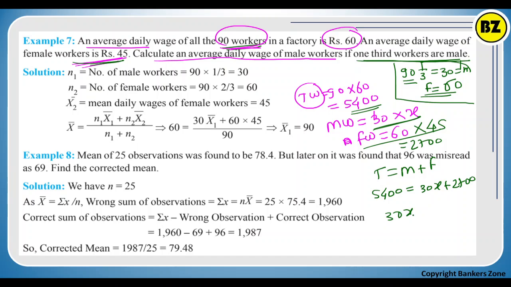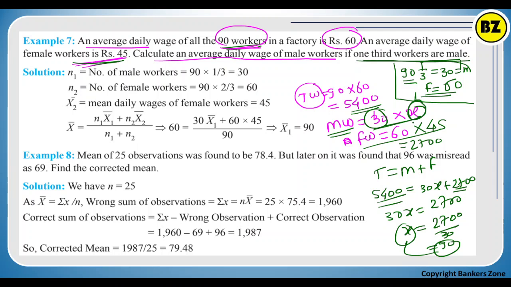So 30x will be 5400 minus 2700, so x is 2700 upon 30. Obviously you will get 90. So 90 is x, and x is the average wage of the male. So the average wage for the male you calculated here is 90.